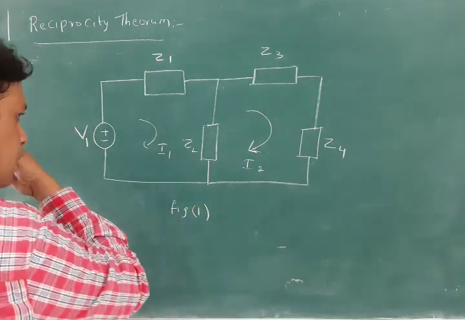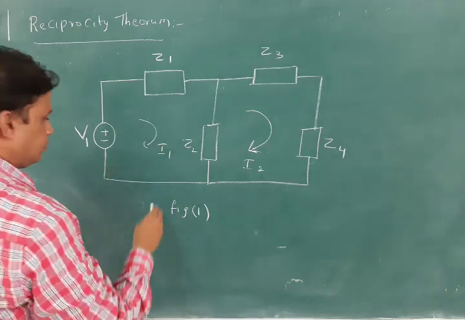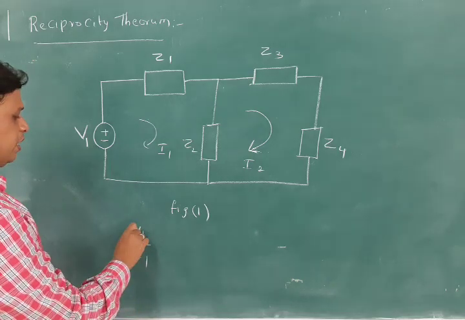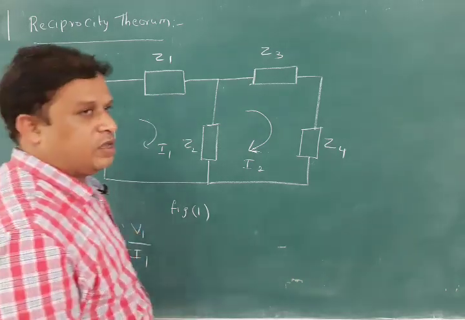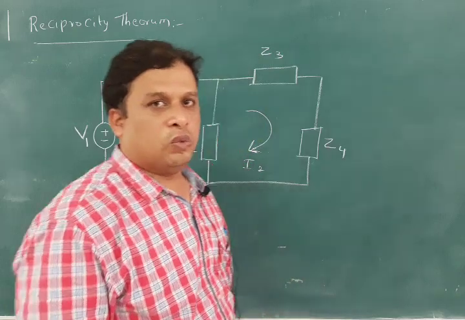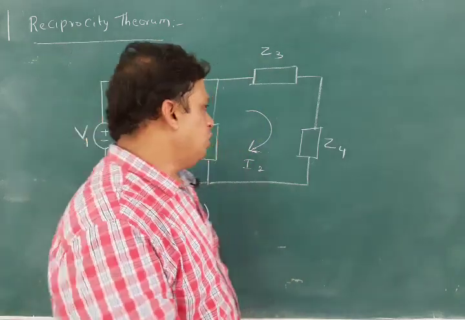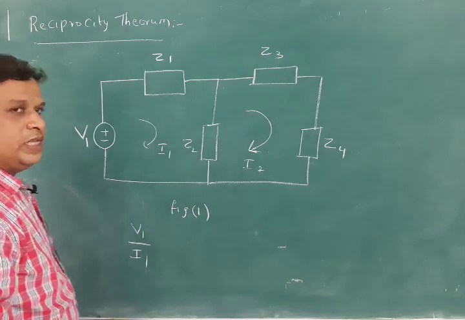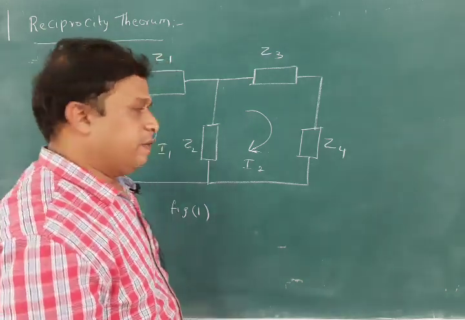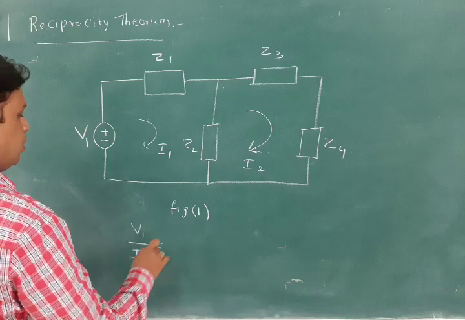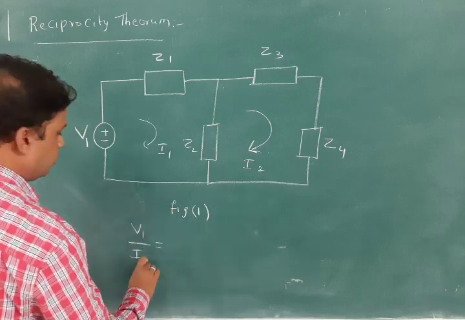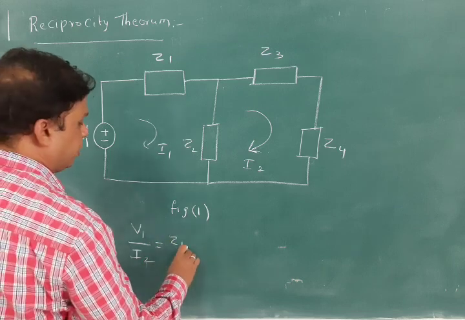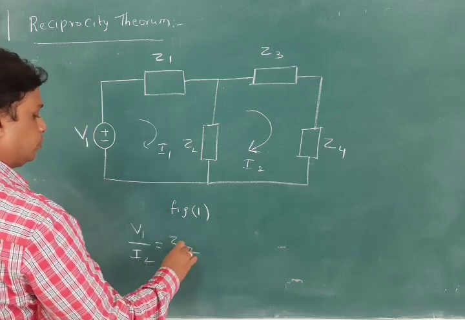Here we will see the ratio of V1 by I1. What will be the ratio of V1 by I1? It is some value, because we are solving the circuit. V by I is nothing but some impedance value, V equals IZ, so V by I equals Z. So here V1 by I2 is called Z12.